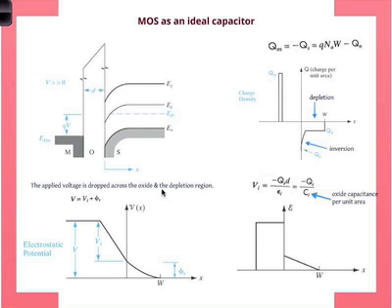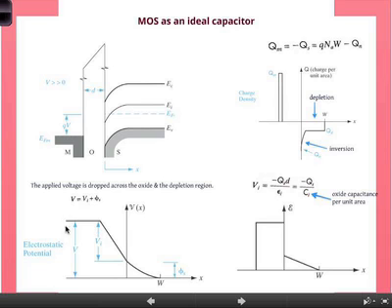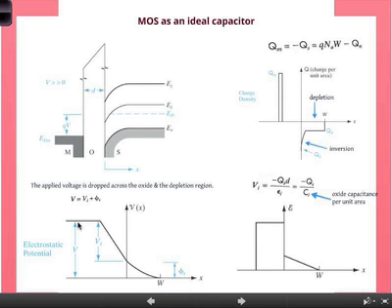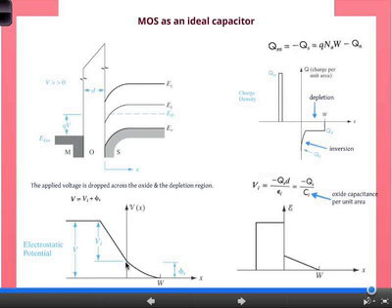Now, the applied voltage, as I said before, is dropped across the oxide because you have an insulator. So some of the voltage gets dropped across the oxide, and some of the voltage comes across the interface on the semiconductor side. If you draw the potential as a function of position, you have a constant potential in the metal, and as soon as you hit the oxide, you start having a linear drop because the oxide cannot have any charges inside, so it's just a straight line, just like a capacitor.